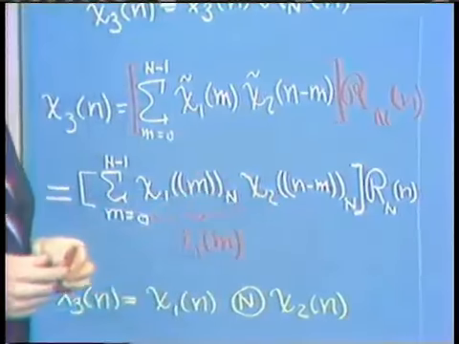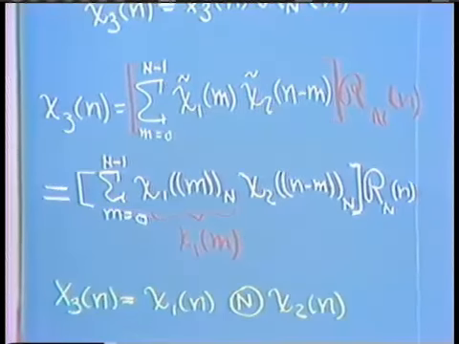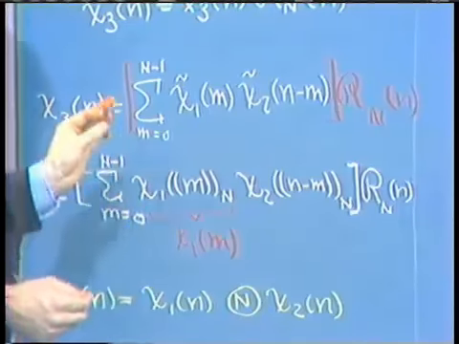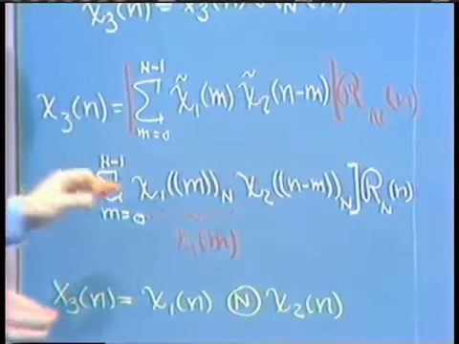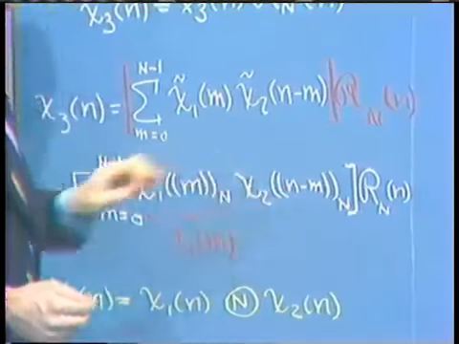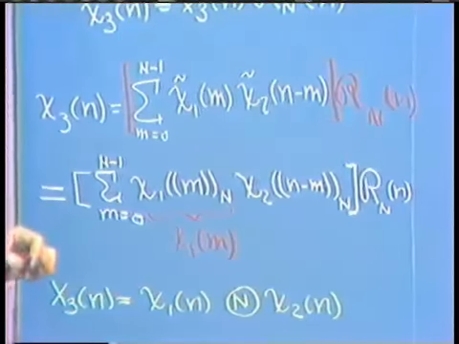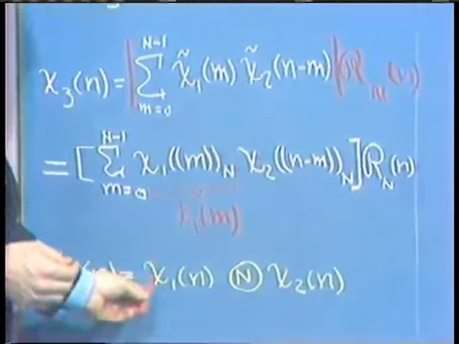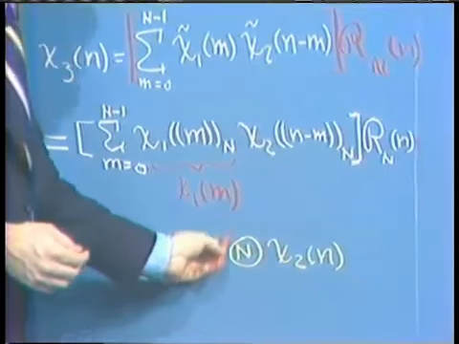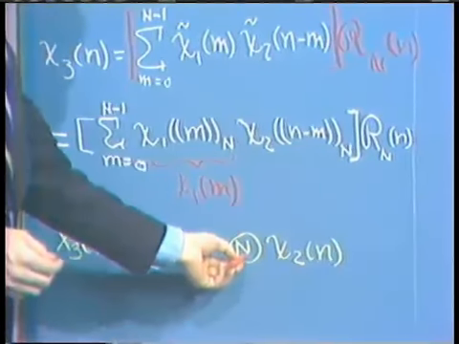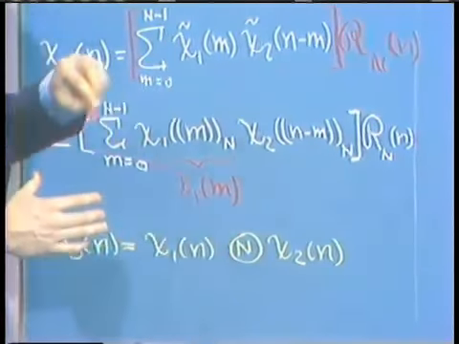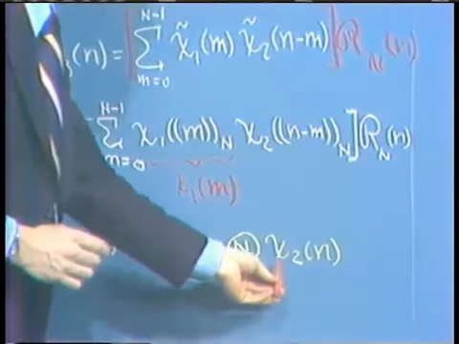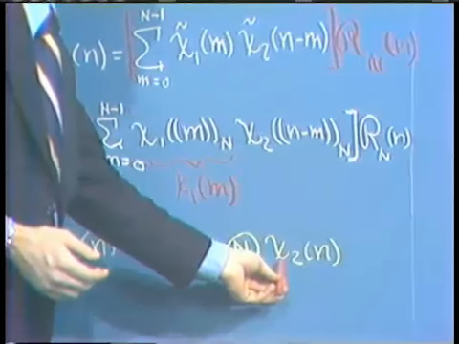This then corresponds to what we'll refer to as a circular convolution of the sequence x1 of n and the finite length sequence x2 of n. It's a circular convolution, and notationally we'll denote that as x1 of n, circularly convolved, keeping track of what the circumference of this cylinder is that we're wrapping the finite length sequences around, an n-point circular convolution with x2 of n.